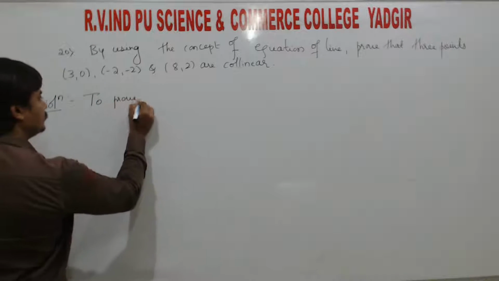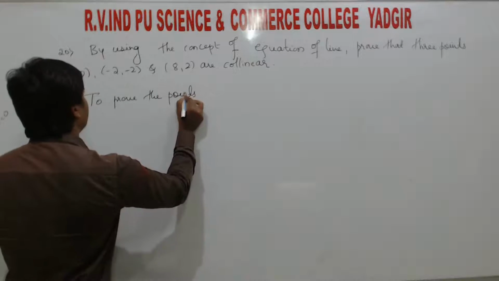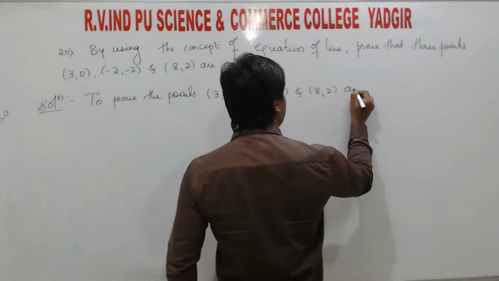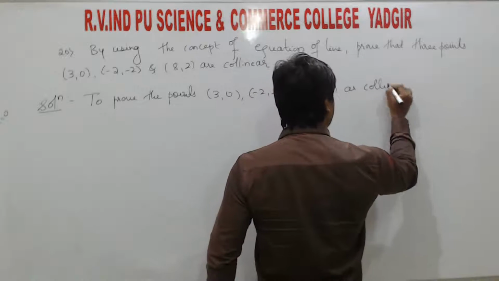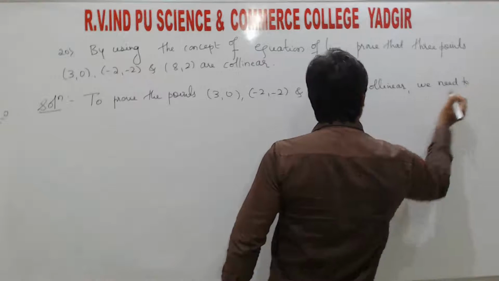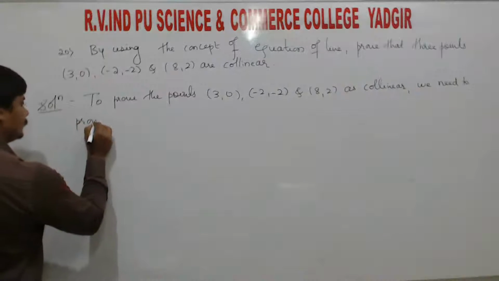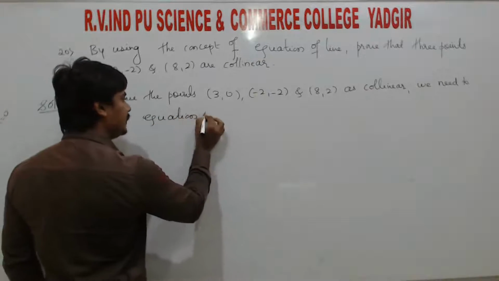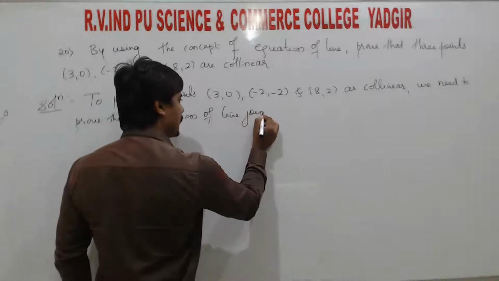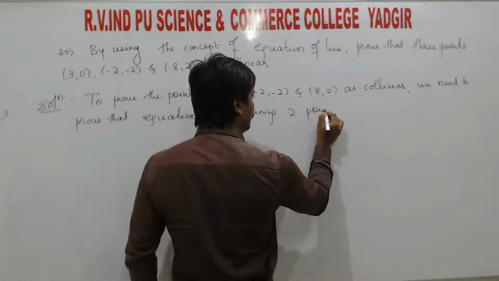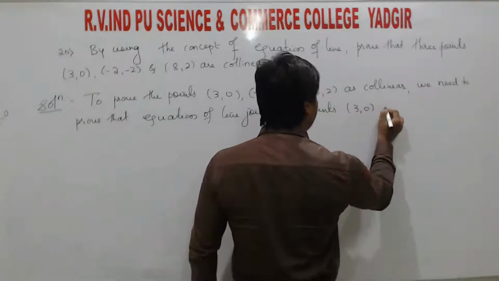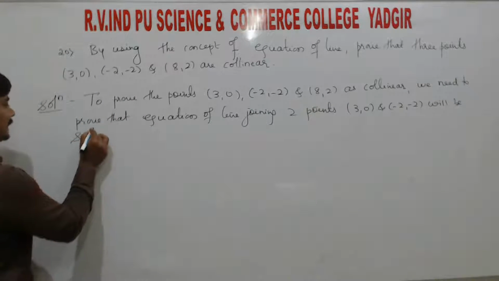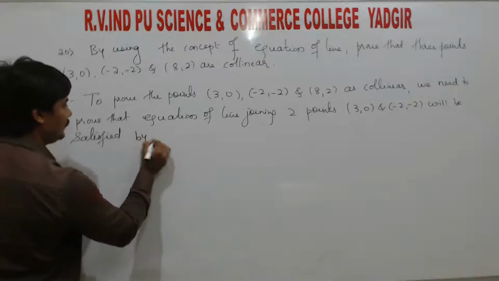To prove the points (3, 0), (-2, -2) and (8, 2) as collinear, we need to prove that the equation of line joining any 2 points, I will take here (3, 0) and (-2, -2), will be satisfied by the third point (8, 2).